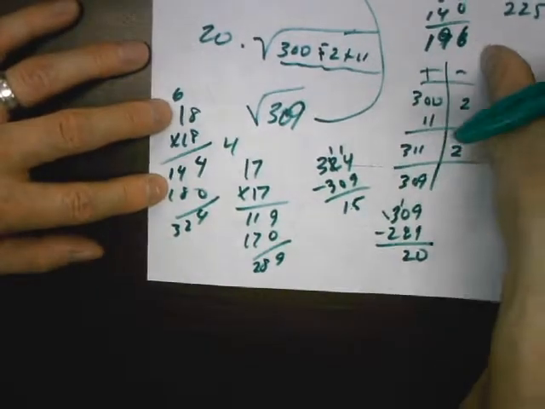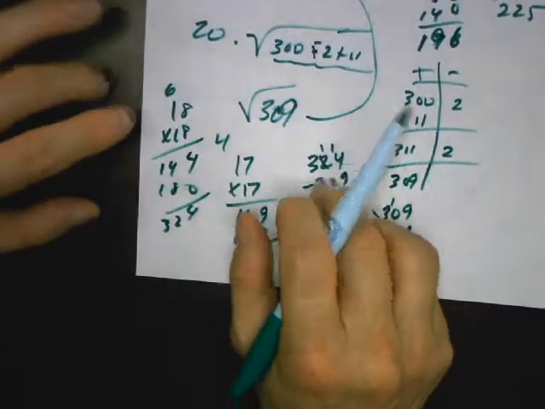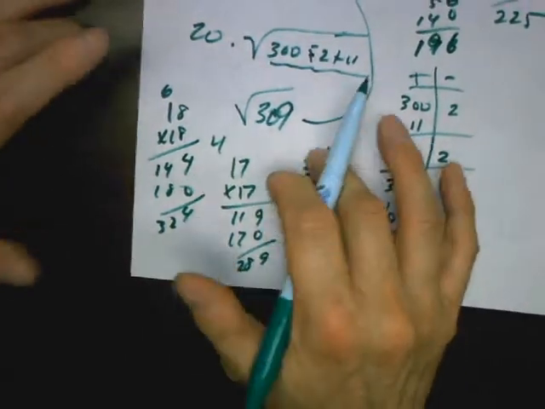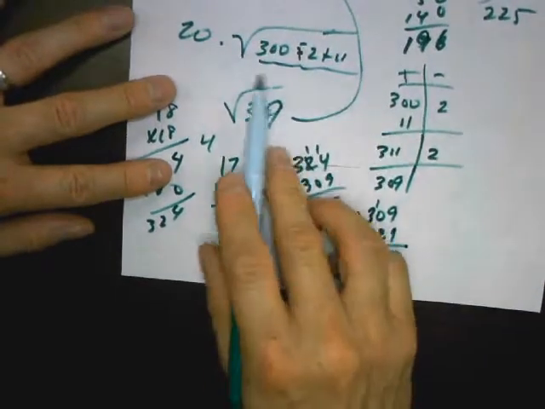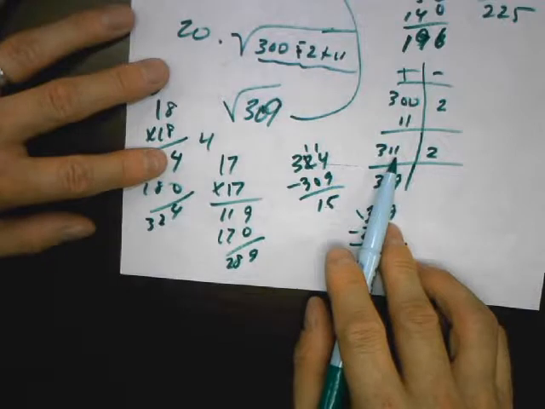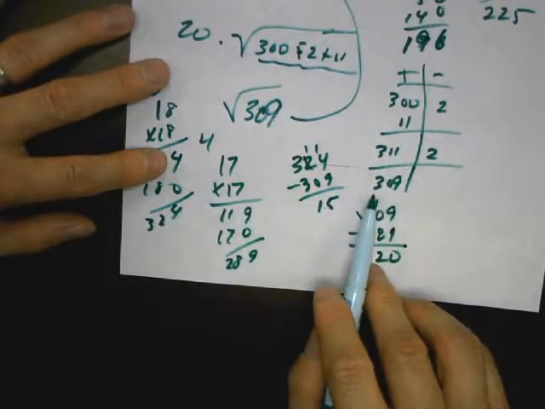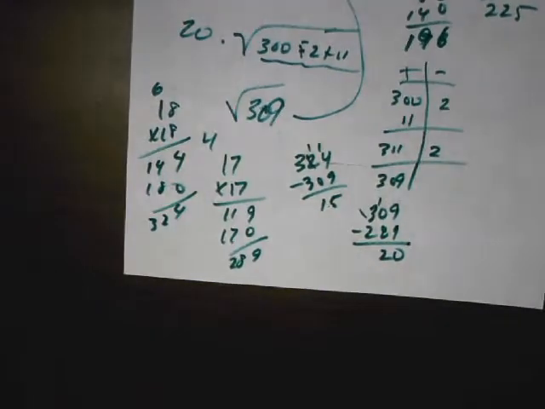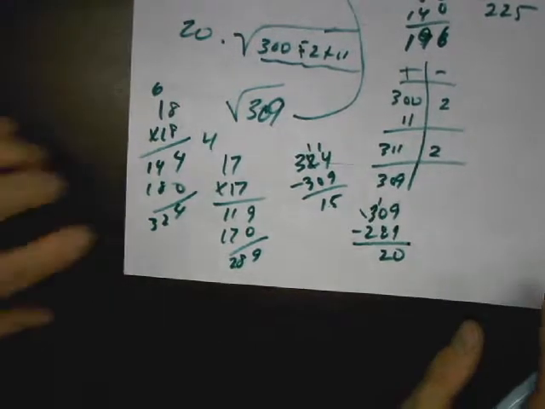Okay, so anyways, let's see here. What did I do wrong? I'm trying to finish here, and I did something wrong. 300 plus negative 2. Okay, we'll go on to 11. Alrighty then. 309. Okay, so 17 squared.